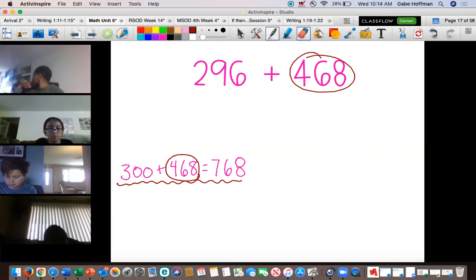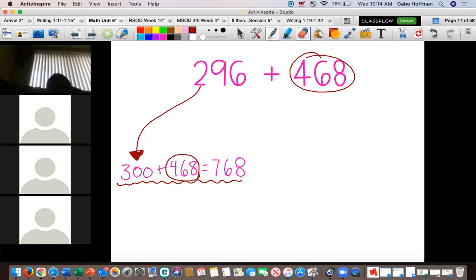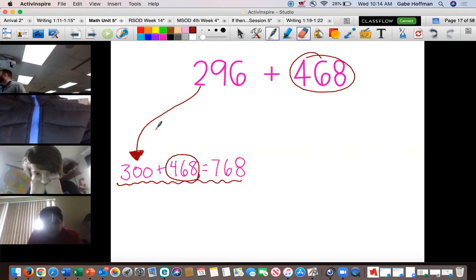So here's the deal. What did I do to change 296 to 300? What was added or taken away to make it 300? This is where it's tricky, okay? Essentially, I added 4 to one of those numbers to make it friendly, right?